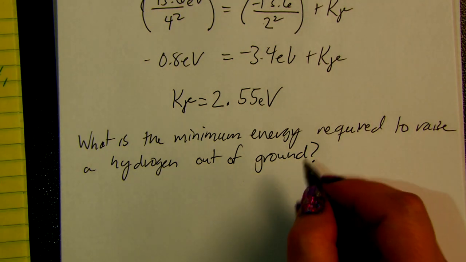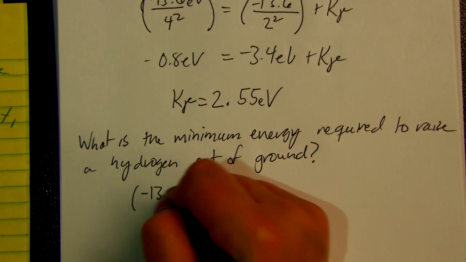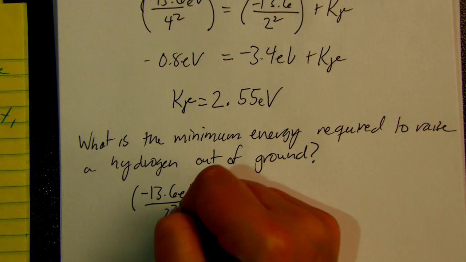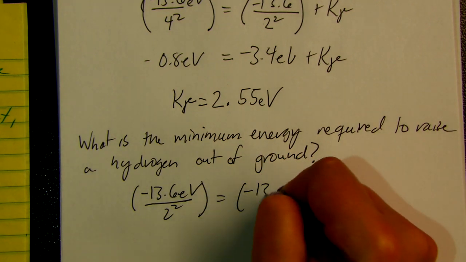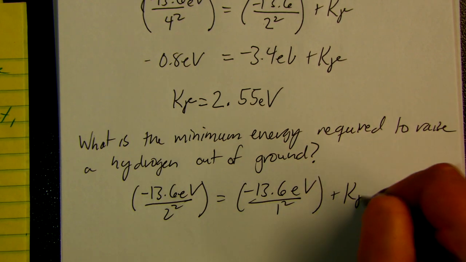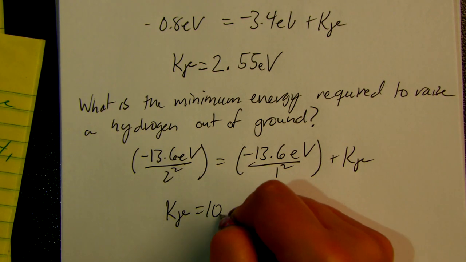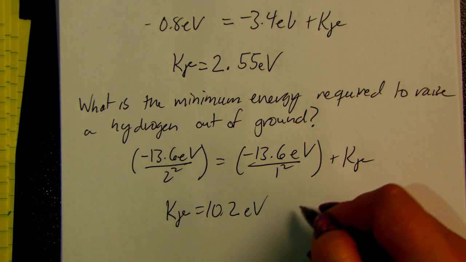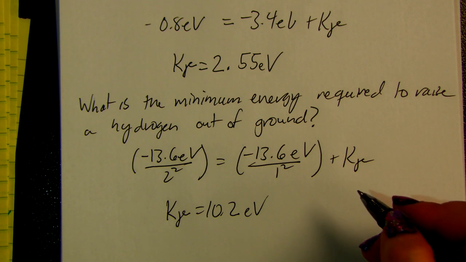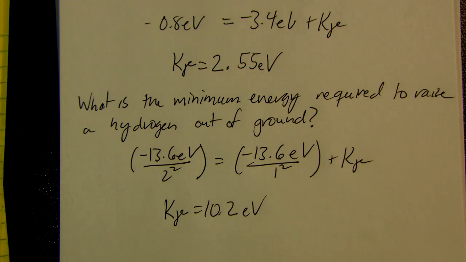So the lowest excited state is n equals 2, so we'd have minus 13.6 eV over 2 squared is equal to minus 13.6 eV over 1 squared plus the kinetic energy of the perfect photon, and that energy is 10.2 eV. Lower than that, hydrogen stays unexcited. It will not take a 9 eV photon and be in between. It is exactly the amount it needs, or it's not good enough.